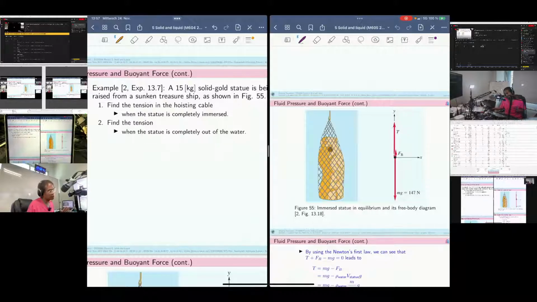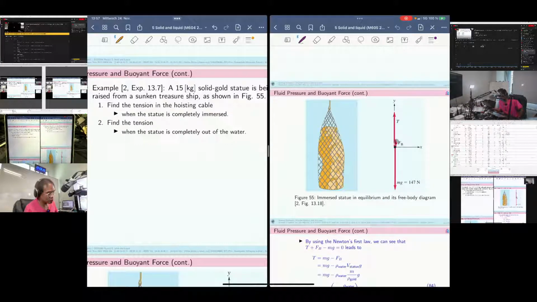When you are doing the homework, you can use either F_B or B, but don't use those two variables simultaneously. Otherwise, I'm going to get confused. Use only a single form, whether it's F_B or simply B. It's fine to me, I can understand both, if you do the homework.